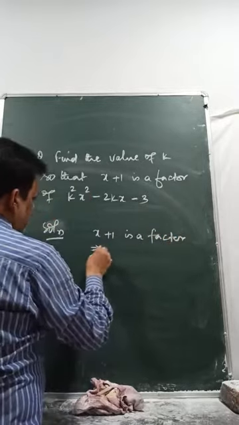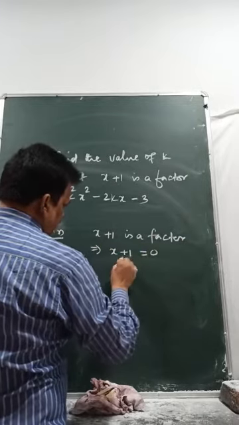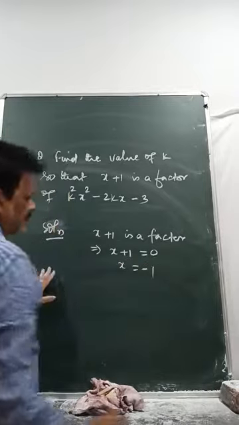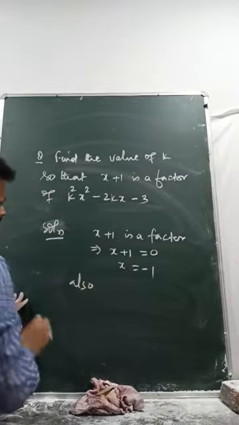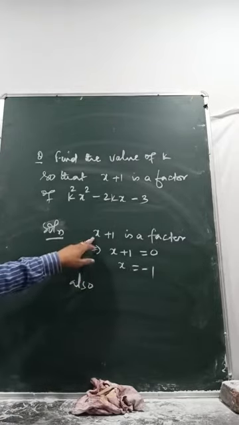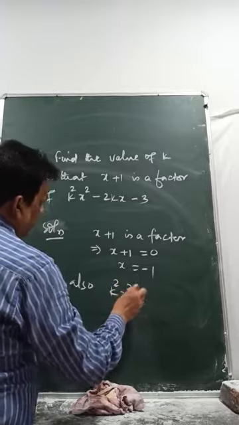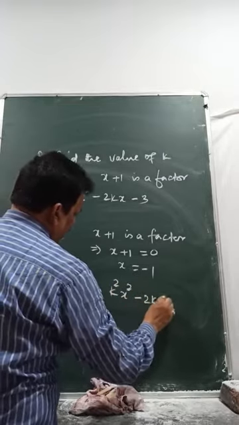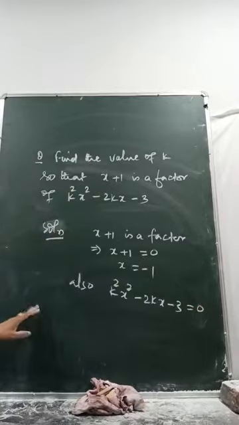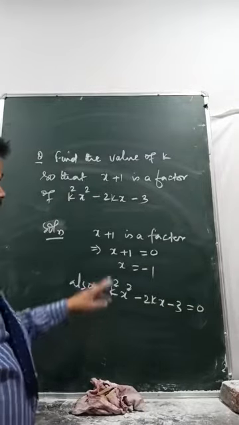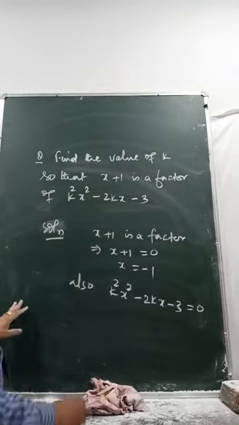This implies x plus 1 equals 0, x value is minus 1. Also, if this is a factor, k square x square minus 2kx minus 3 will be 0, because when you put this value it should be 0, then only it will be a factor.